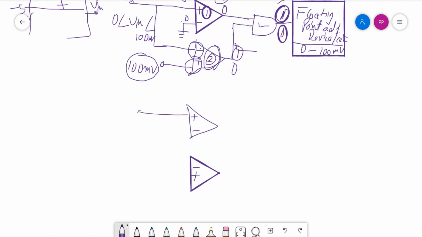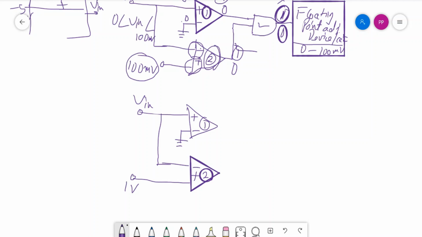So the V in should be here and the inverting input should be grounded for the first op amp, and for the second op amp the inverting input should come from the V in, and the non-inverting input should have the higher range of the range selector switch. So here it is 1 volt.